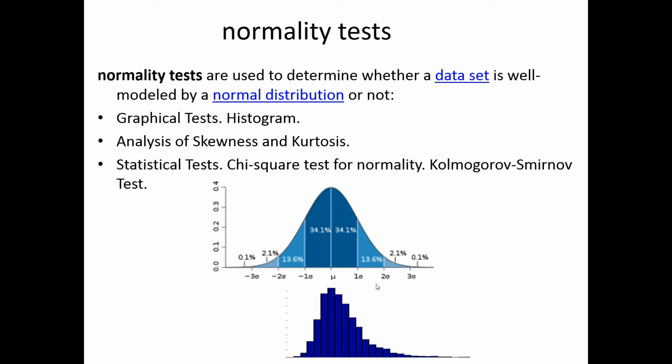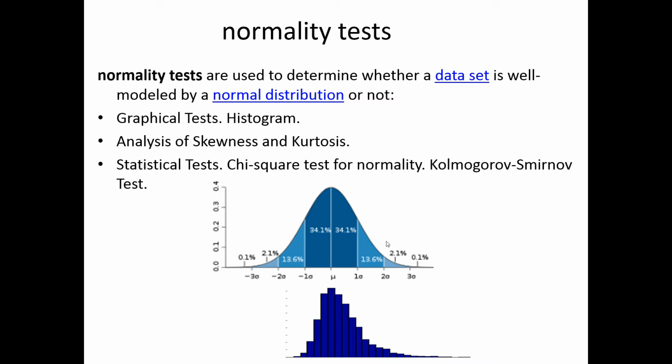If you have, let's say, thousands of distributions and you cannot look at all of them, you can apply some tests like looking at the skewness or kurtosis, or even some non-parametric tests like the Kolmogorov-Smirnov test to check normality.